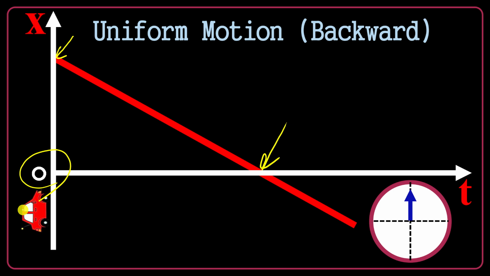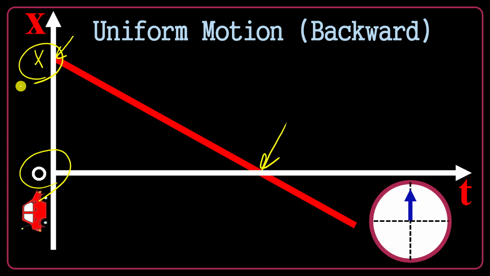Very similar to the previous case. Again, in uniform motion, the object may start from positive x and go to negative x, or from negative to positive. It's okay. So the initial position, which is the location of the object at t equals 0, may be positive, may be negative, may be 0.